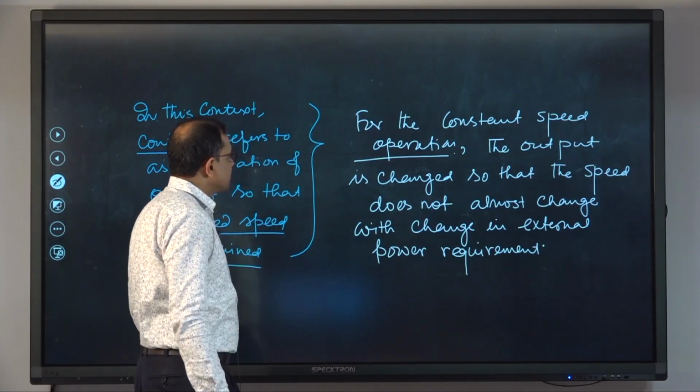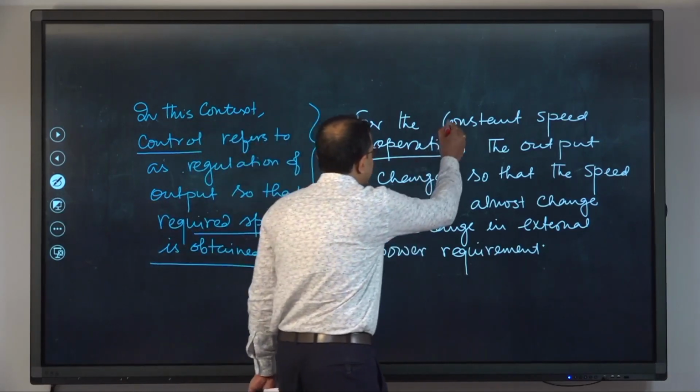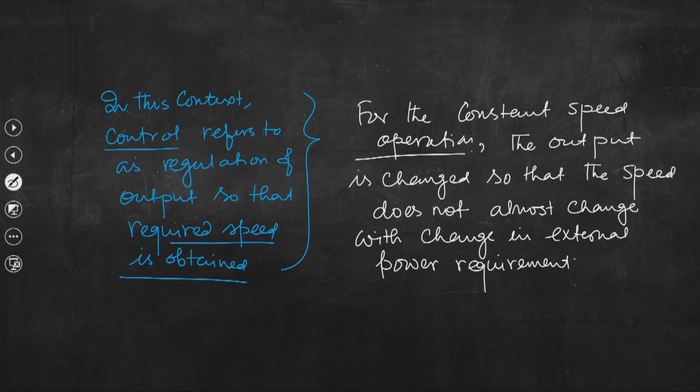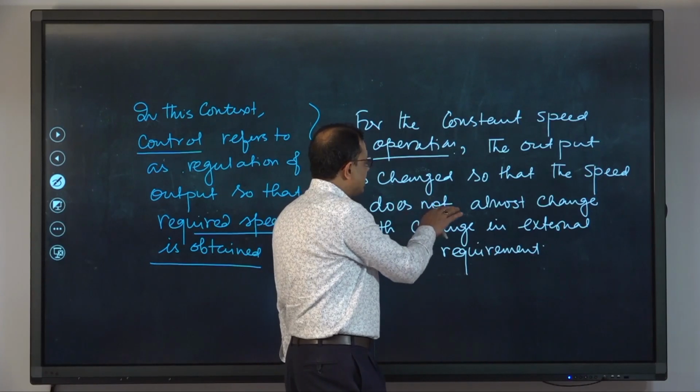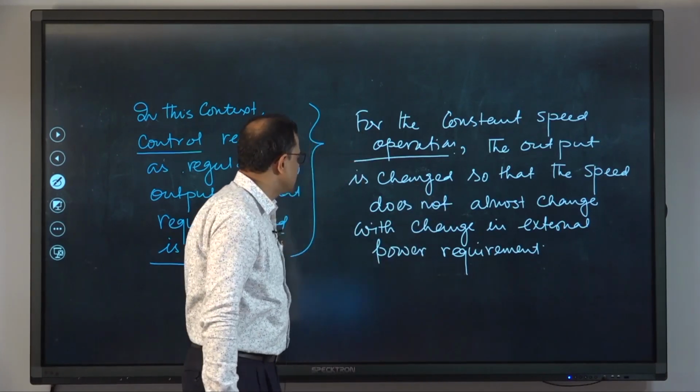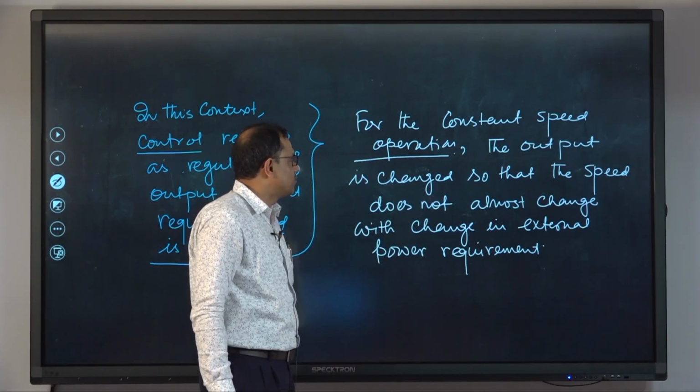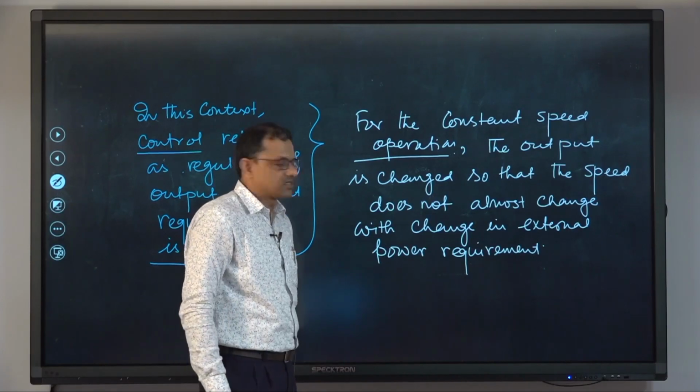For the constant speed operation, though the power output will vary, an inbuilt mechanism will try to maintain the speed almost constant. The speed does not almost change with change in external power requirement.